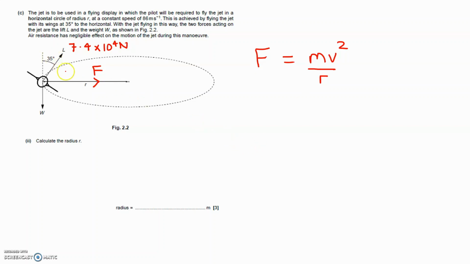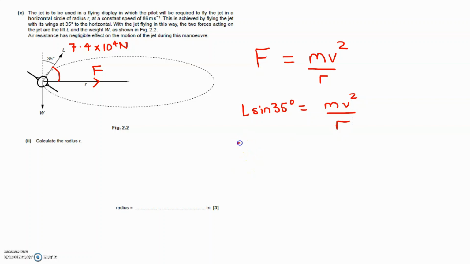But the actual value of the force acting towards the centre is the horizontal component of L. So the force acting towards the centre is actually L sine 35 degrees, and that equals mv squared over r.